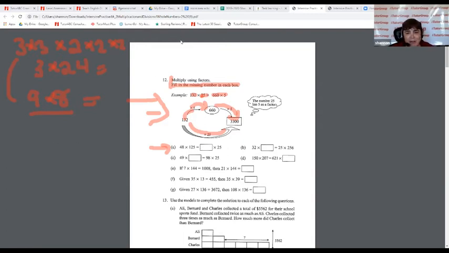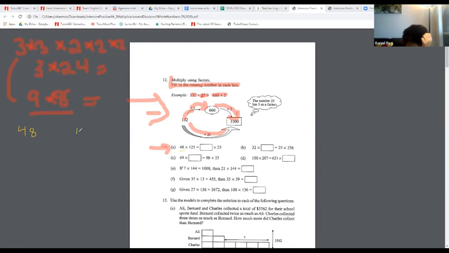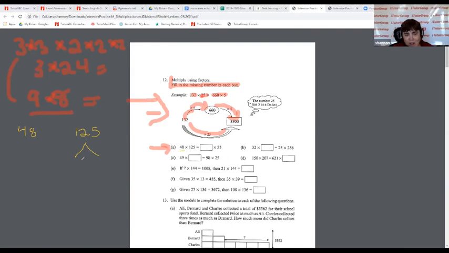I need a better drawing tool here. What are you multiplying 48 by here? 5. Okay, so if 125, what are the factors you're using? 25 is going to be one factor. And 5. And 5.